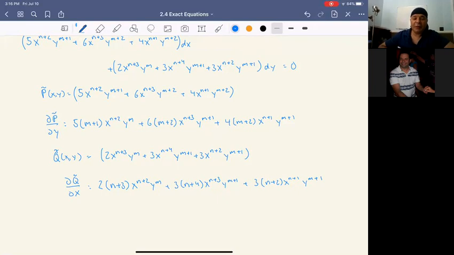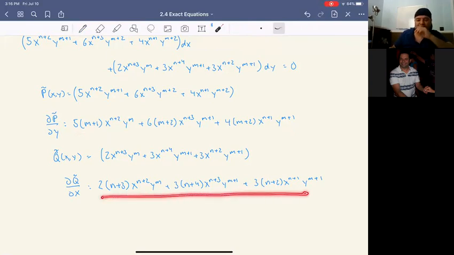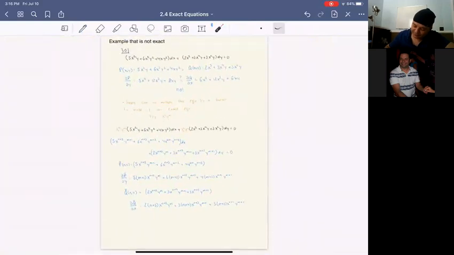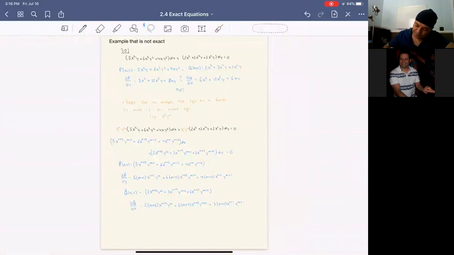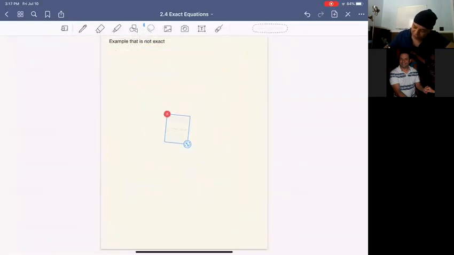Okay, so now we want to check that this partial of p tilde with respect to y should be equal to this partial of q tilde with respect to x. So let's go ahead and set those equal to each other. Ooh, running out of space already. I'm exaggerating here.